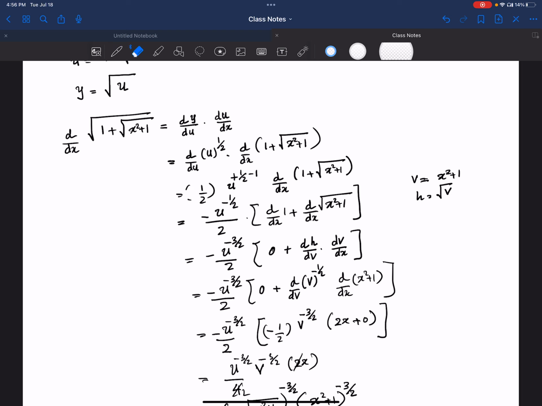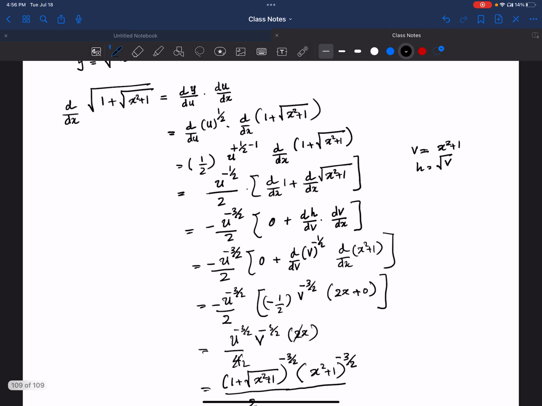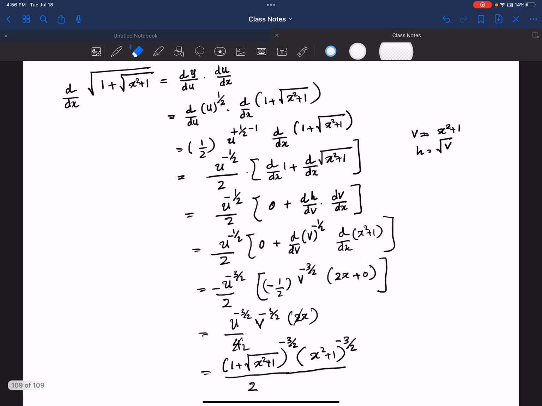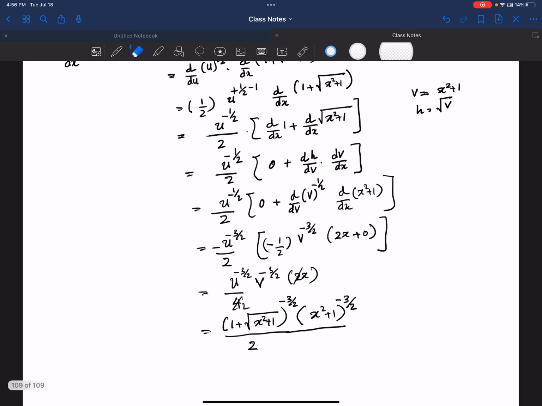So this is positive half. This is positive as well. Yes, positive. This is half. This is 1/2. This is positive, because this is positive half, and that's why it's positive half.